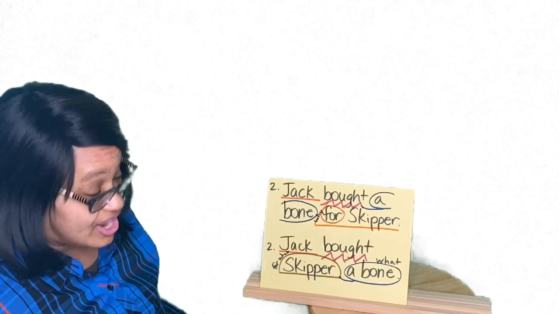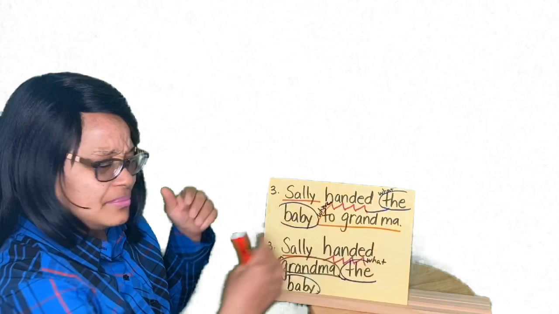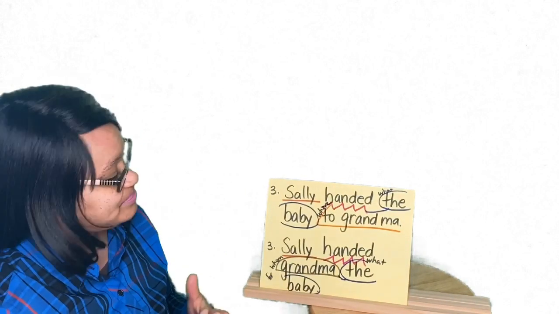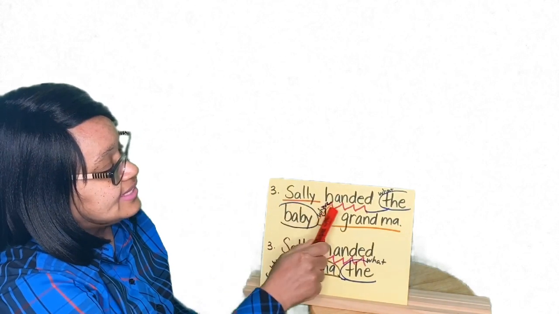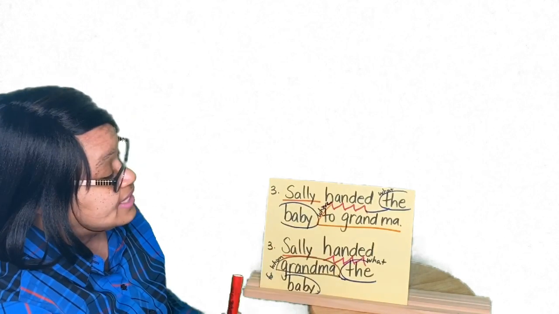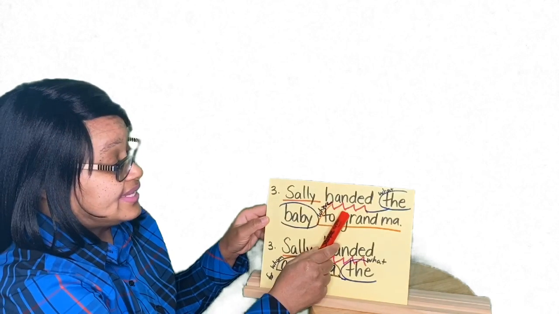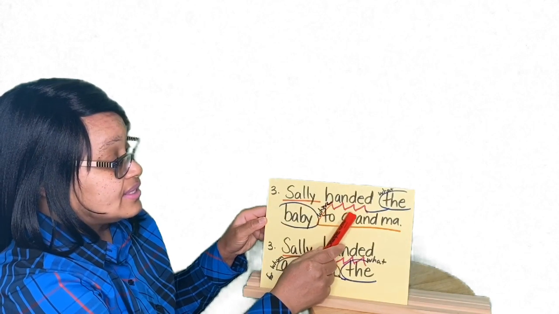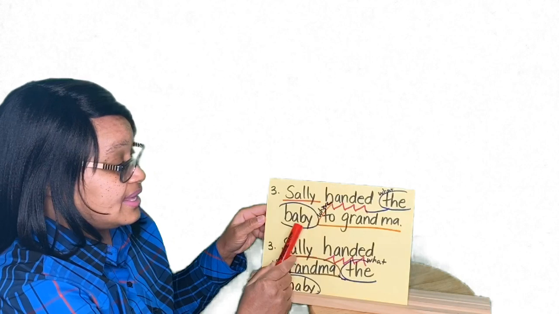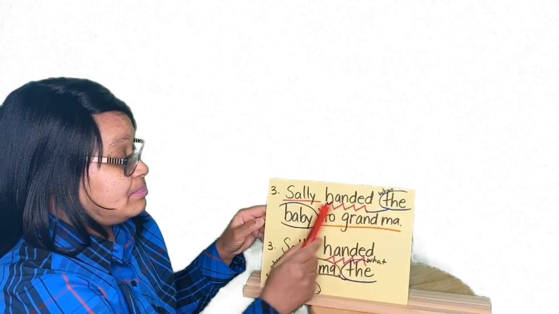Okay, let's try another one. The more you do it, the more you start to get the hang of it. Sally handed the baby to Grandma. So Sally is our subject. What did she do? Handed. Handed what? The baby. Where? To Grandma.